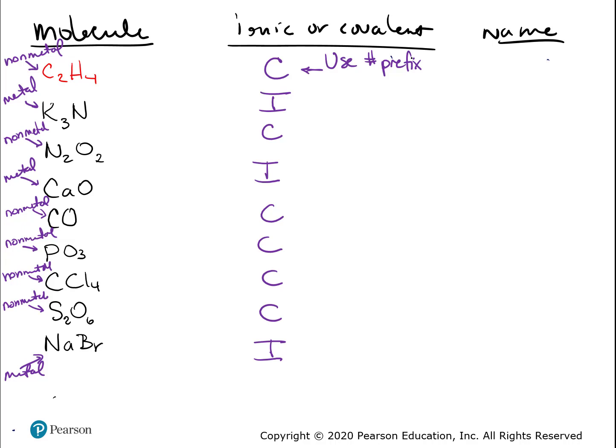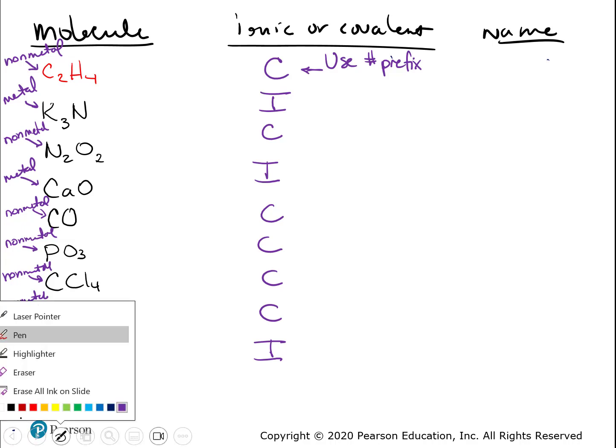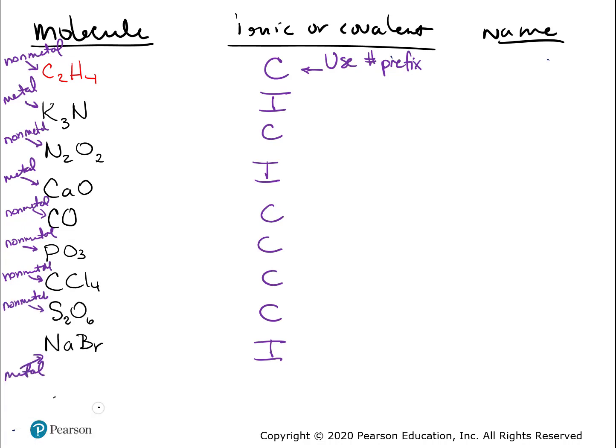So that means C2H4 is dicarbon tetrahydride. Right? So you take hydro from hydrogen and add IDE. You have to use those Greek number prefixes if it's covalent.